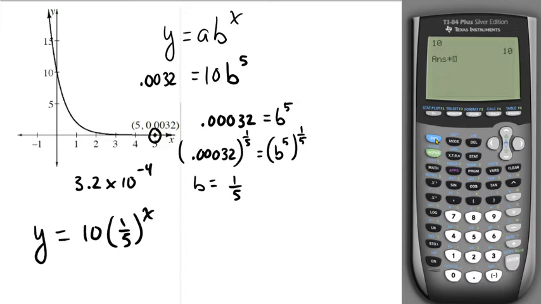It's alpha, alpha y equals, so there's my fraction template, press enter, and 1/5. So I've got the number 10, and I'm going to multiply by a fifth five times, because then I should get 0.0032. There's 1, 2, 3, 4, 5.